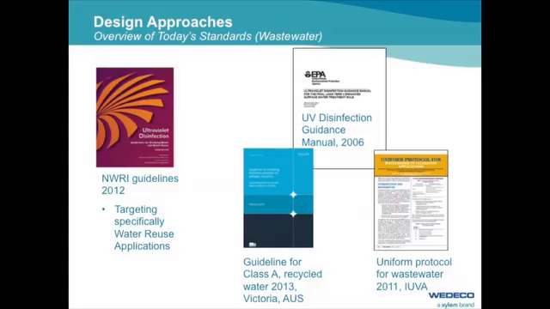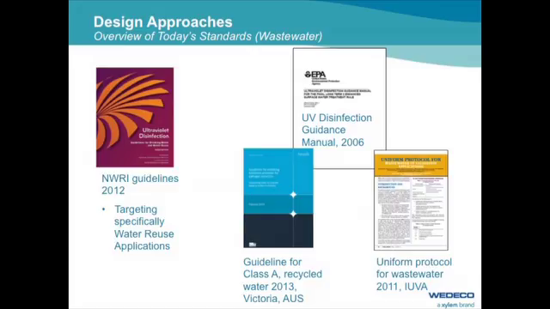And this NWRI guideline has been specifically developed for water reuse in the US in order to comply with the most stringent guideline of the California Title 22 requirements, which ask for a total coliform count of only 2.2 total.